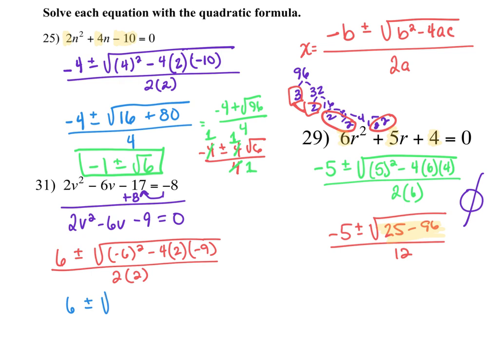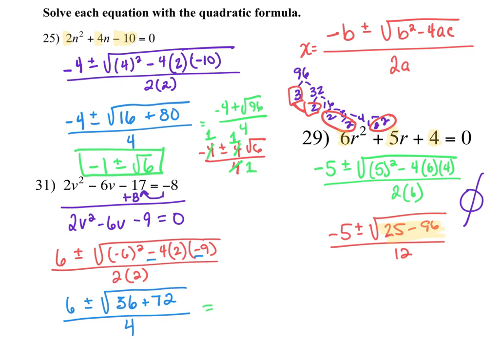What is negative 6 if I square it? Positive 36, yes. 4 times 2 times 9. So 8 times 9 is? And it was a negative and a negative, so it is a positive, right? All over 4.